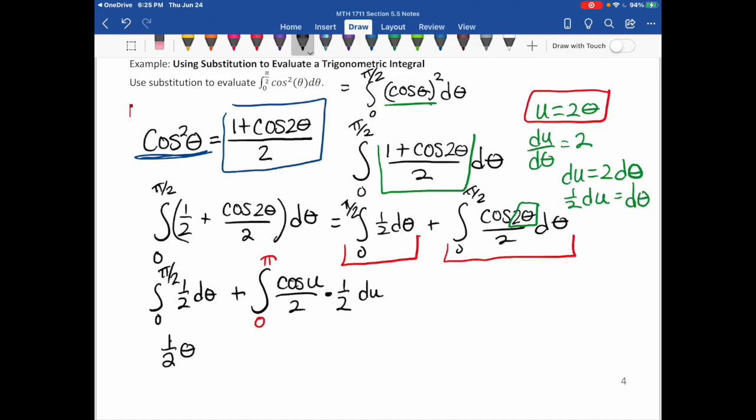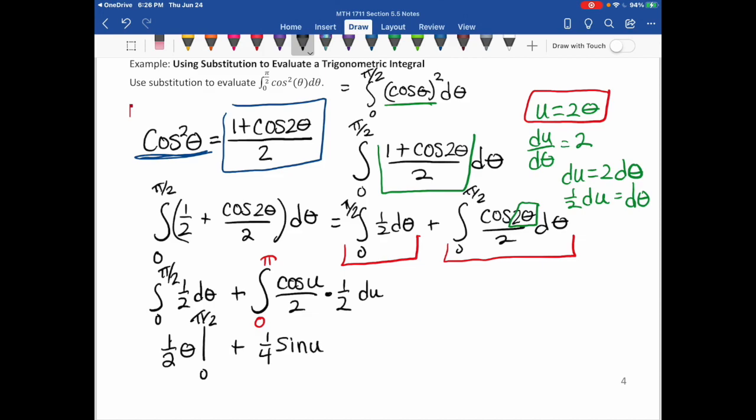When I integrate 1/2 d theta, I'm going to get 1/2 theta from 0 to pi over 2. Those limits I didn't need to change because I didn't do a substitution, so I can leave those as 0 and pi over 2. Now if I multiply those 2's that are in the denominator, I have 1/4.